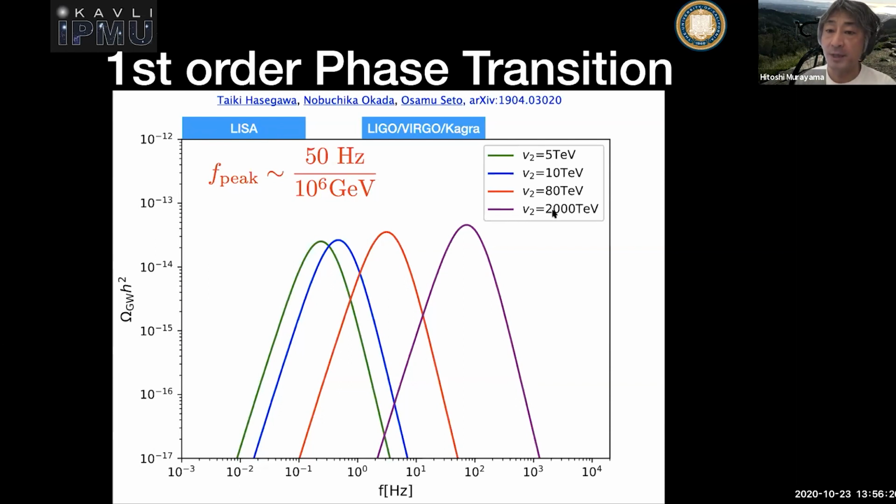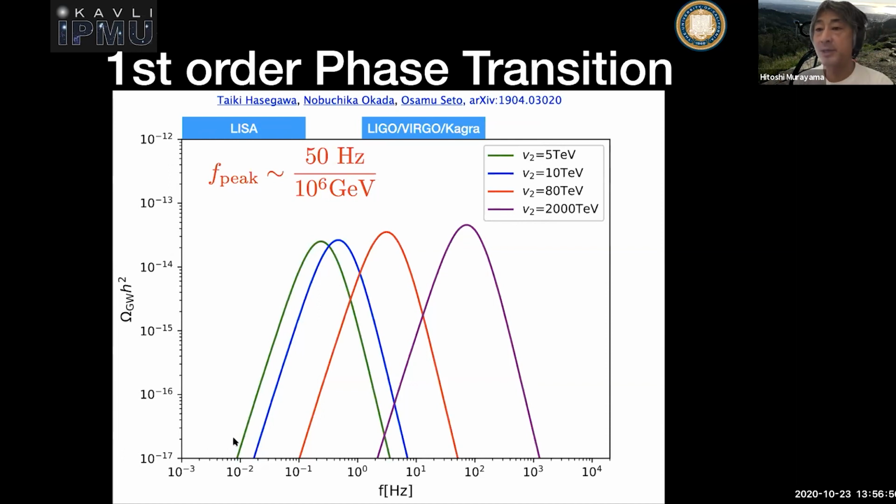You can see that this temperature change would bring it into the LISA range when the temperature is lower. When the temperature is about 100 million electron volts, that's 4 orders of magnitude smaller than this. So that peak would shift by 4 orders of magnitude this way. That gives you primordial black holes of the solar mass scale. That's why I said it is basically in the LISA range for that purpose.